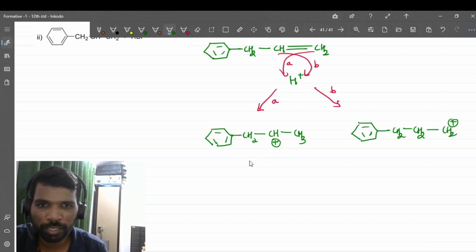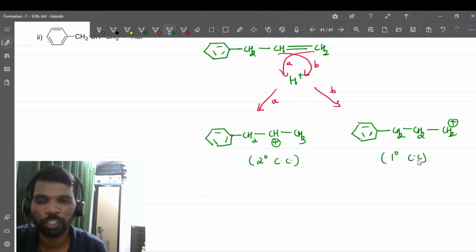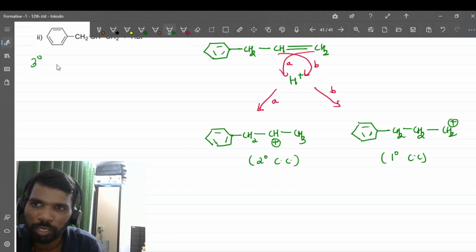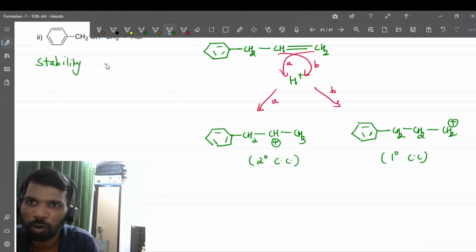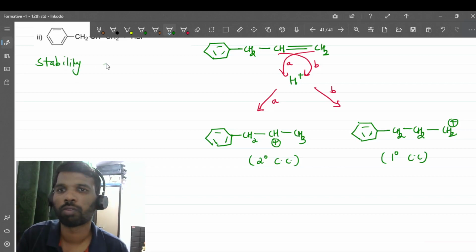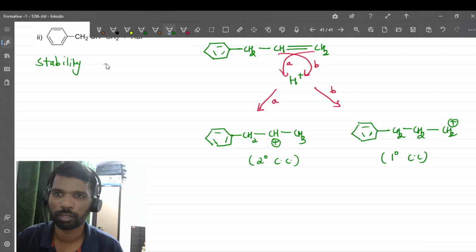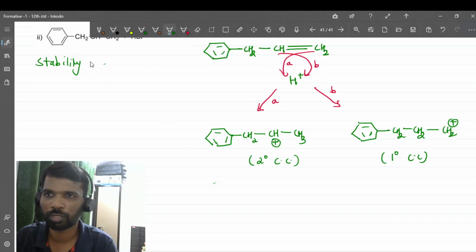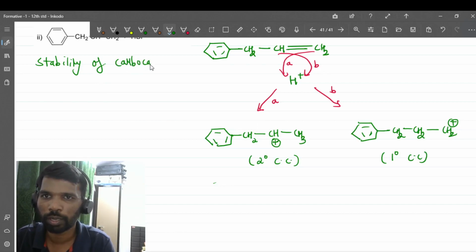Now, in both cases there is a carbocation formation. A secondary carbocation is formed here, and here it is a primary carbocation, which is less stable. Always remember that tertiary is always more stable. Understand this order, the stability of carbocation.